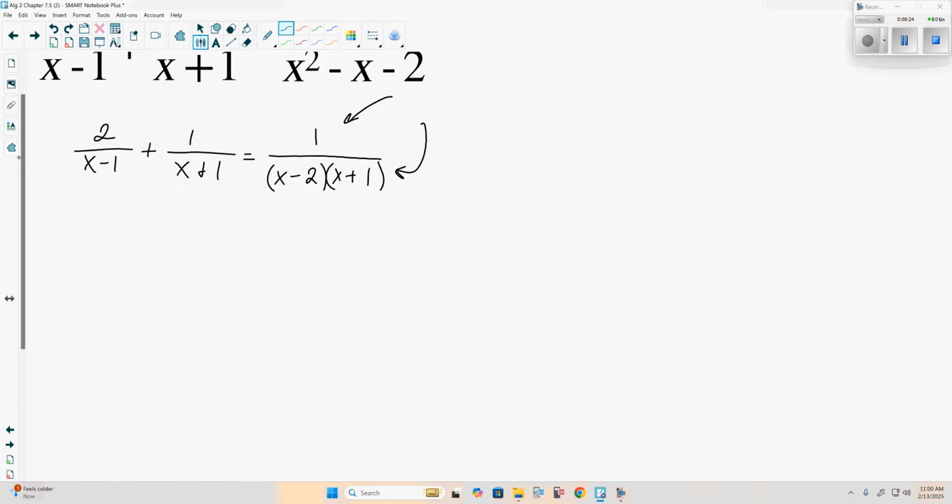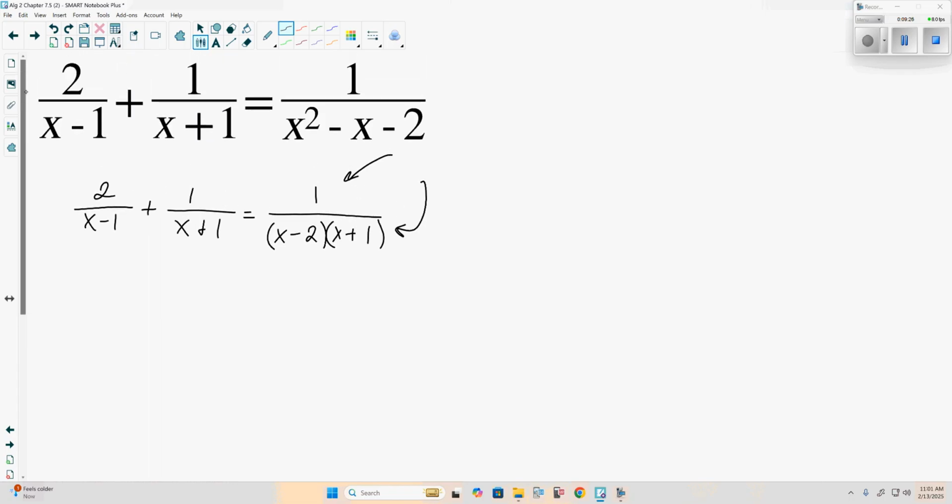So let's look at this here. So the x squared minus x minus 2 is going to factor to x minus 2 times x plus 1. Restrictions. X plus 1 can't be 0, x minus 1 can't be 0, and x minus 2 cannot be 0.